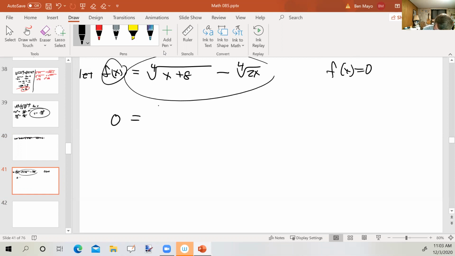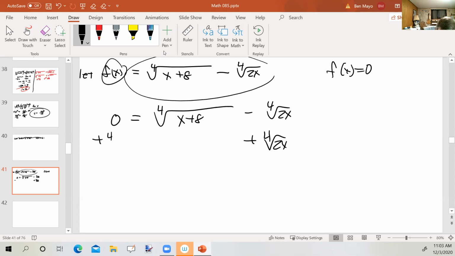So we're going to get 0 equals that. I've got two radicals. I want to separate them. I'm going to add the fourth root of 2x to both sides. So now I've got the fourth root of 2x equals the fourth root of x plus 8. See how that worked out?